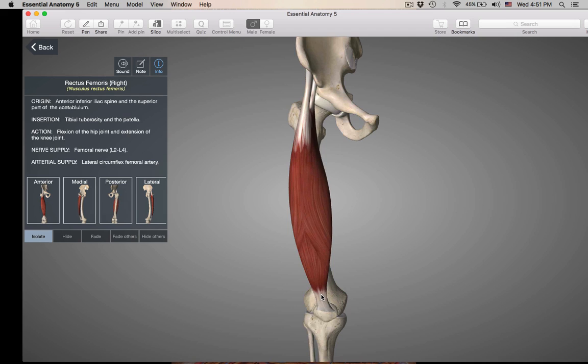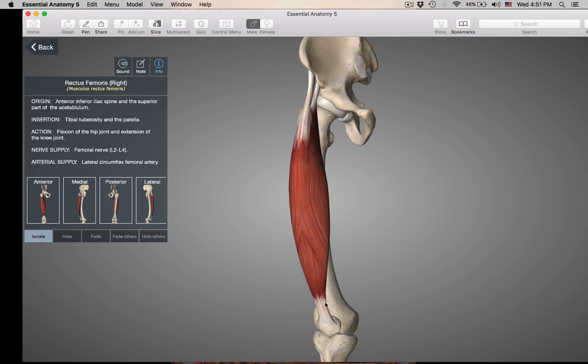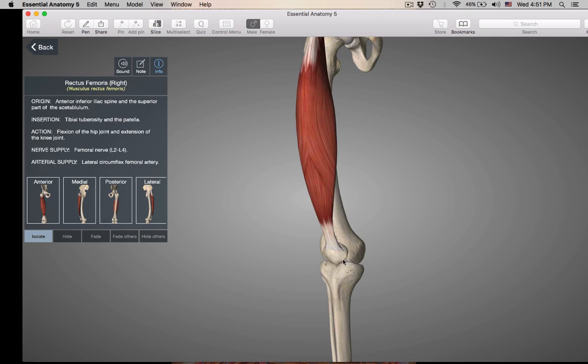Remember, tendons connect muscle to bone. That's the quadriceps tendon. And here's the patella. And ultimately, it's going to be going to the patellar ligament.